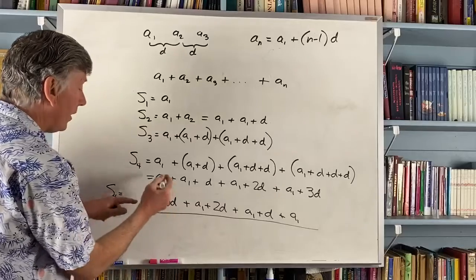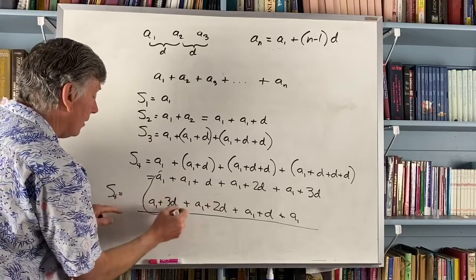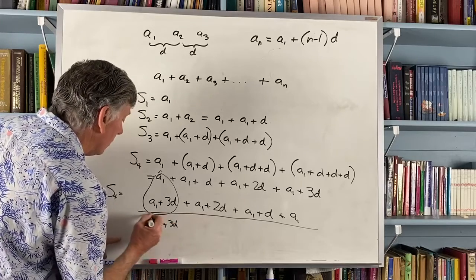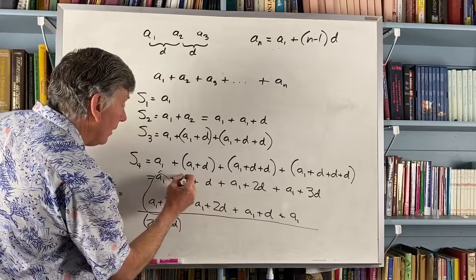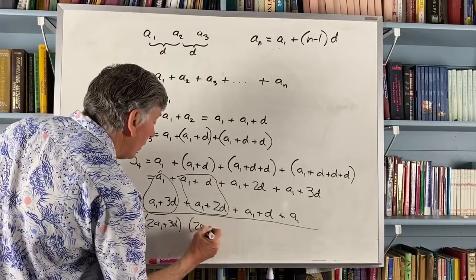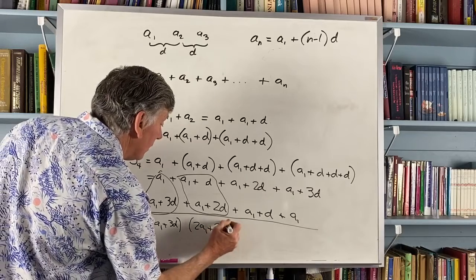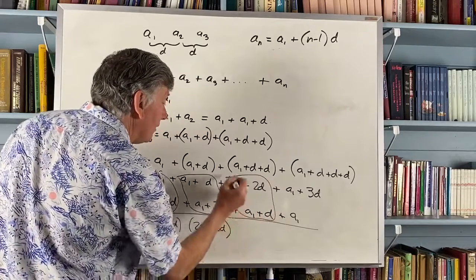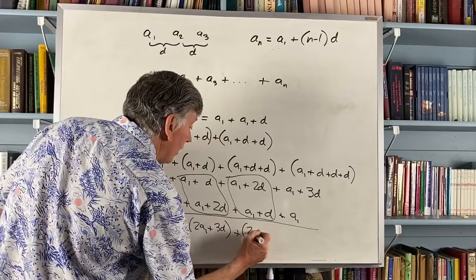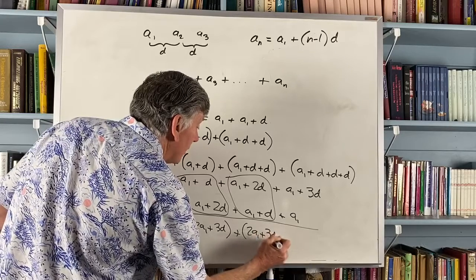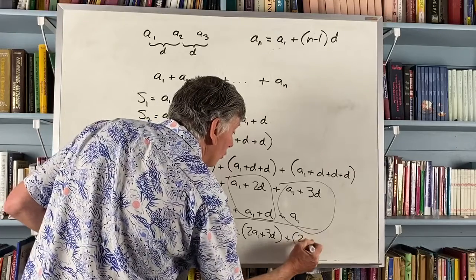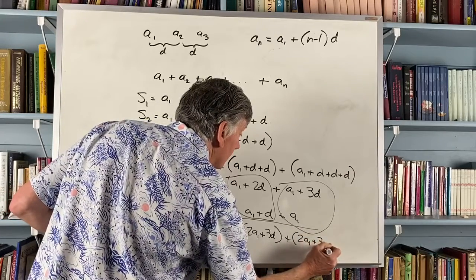Because now, when I add this, I get 2a1 plus 3d. When I add this, I get 2a1 plus 3d. When I add this, I get 2a1 plus 3d. And when I add this, I get 2a1 plus 3d.